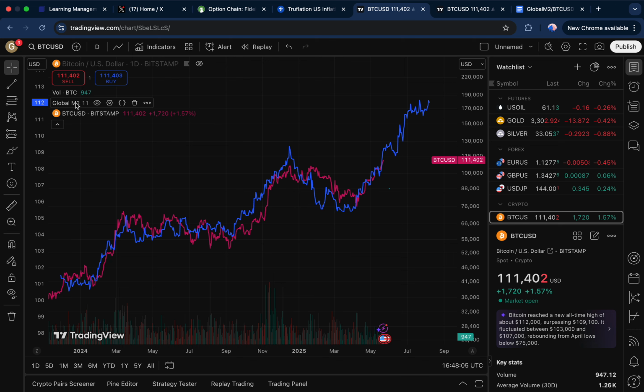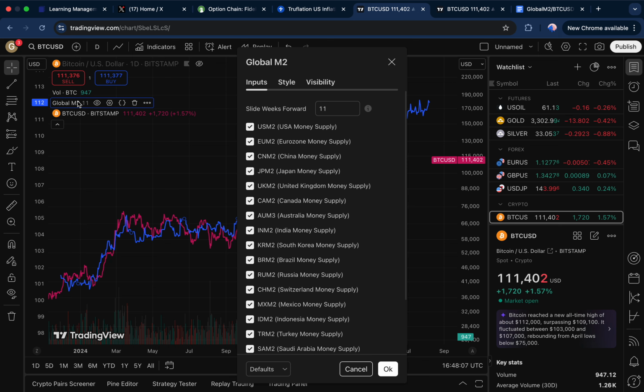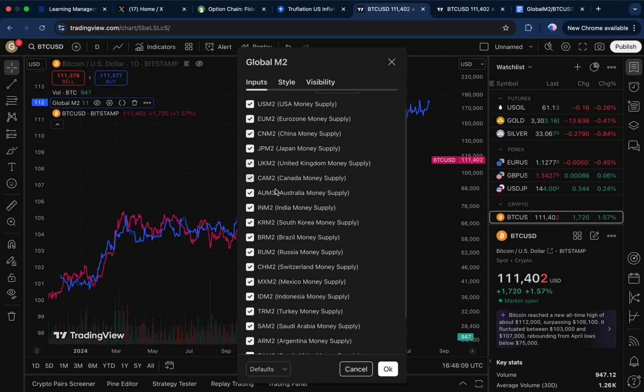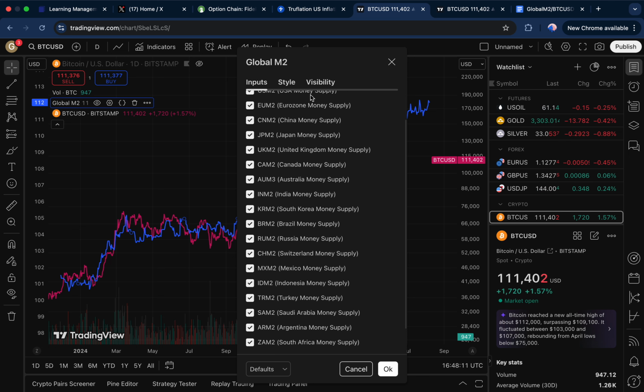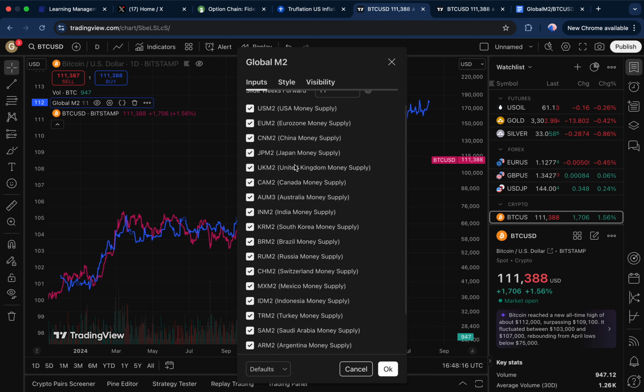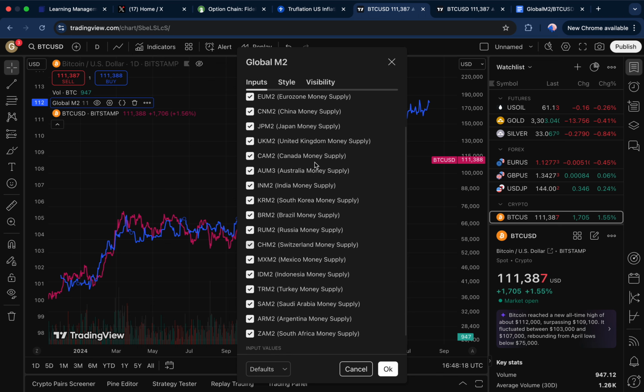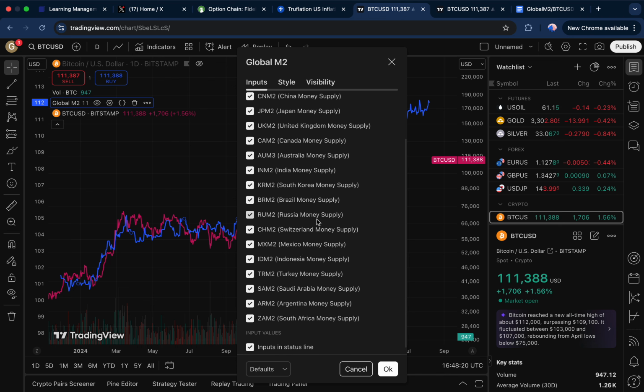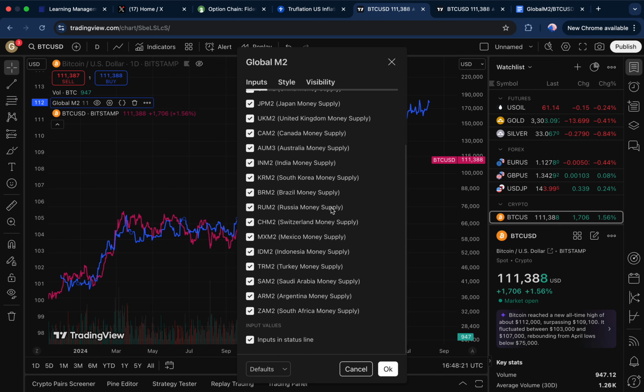You can see when you double click right here on global M2, it's all of the developed nations: the USA, Eurozone, so that's all of Europe, UK, Japan, Canada, Brazil, Russia, Switzerland, all of these meshed together. The reason it's important to do that for Bitcoin is that Bitcoin is a global asset.